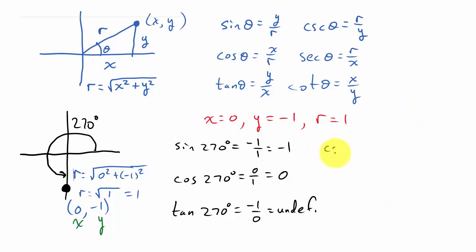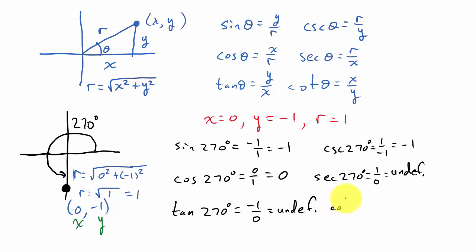And then for cosecant of 270, remember, cosecant is the reciprocal of sine, so we can take this fraction here and take the reciprocal, so that's 1 over negative 1, which is negative 1. Secant of 270, secant's the reciprocal of cosine, so if we flip this, that's 1 over 0, which is undefined.